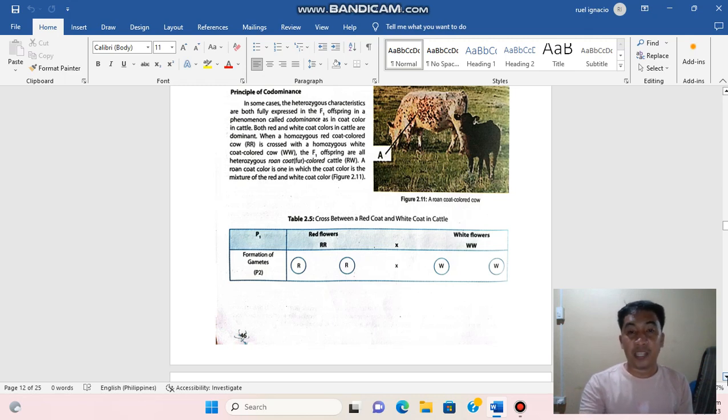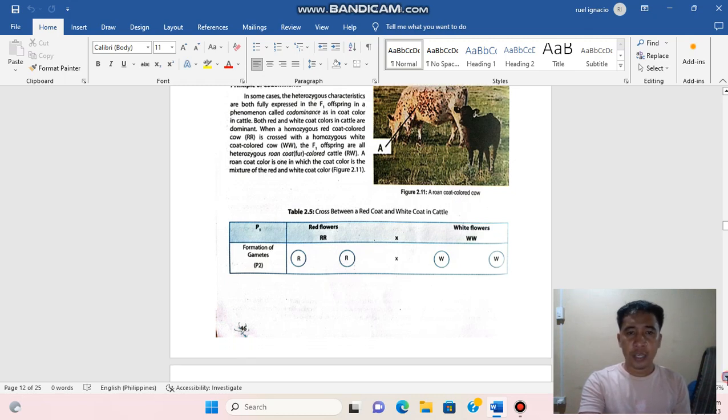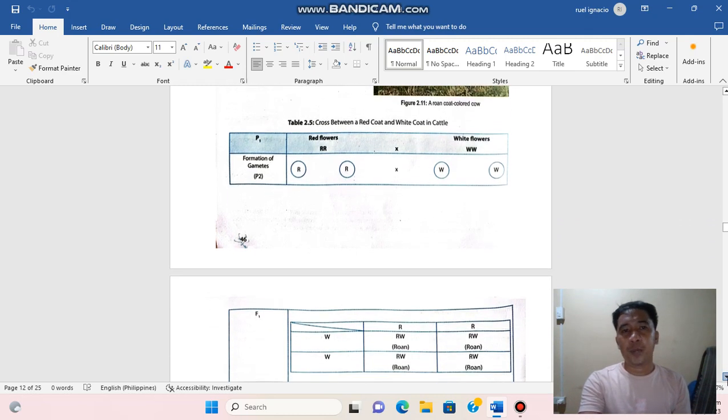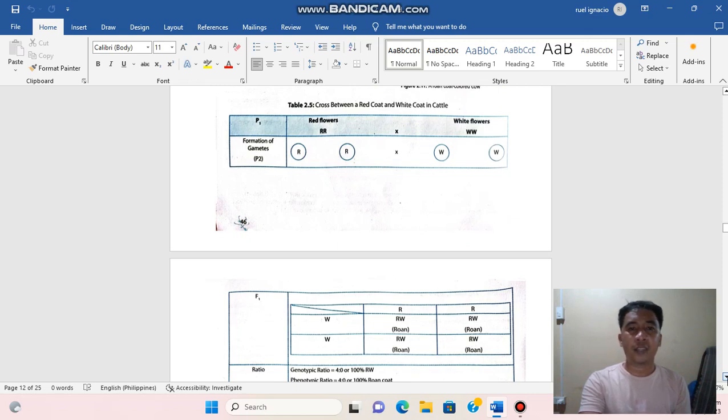As you can see in the picture, there are color patches of the red on the white colored coat of the cow. So in our table, this is an example of the cross between a red coat and a white coat in cattle. Okay, so we have here the red color, the formation of the gamete.